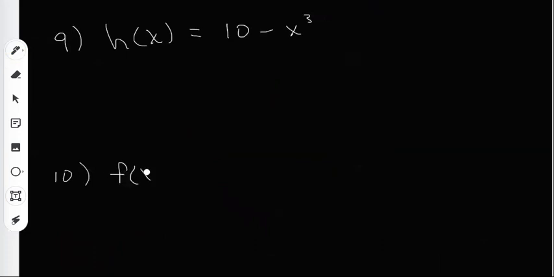All right, so number 9 is h of x equals 10 minus x cubed. And number 10 is f of x equals negative 1/3 times x plus 2 squared plus 7.